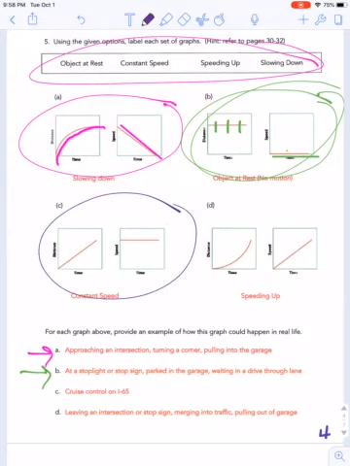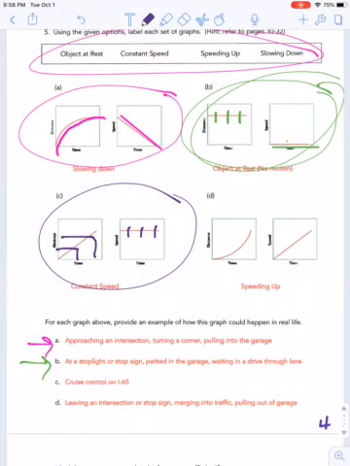We have constant speed. So in this moment, we're going the same speed. In this moment, we're going the same speed. In this moment, we're going the same speed. Constant speed. If we were to calculate all of these right here, we would be able to see that if we divided distance by time, we would come up with the same number, whether that's 30 miles per hour or 50 miles per hour or 10 miles per hour.